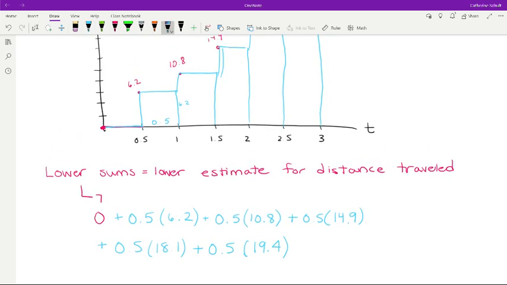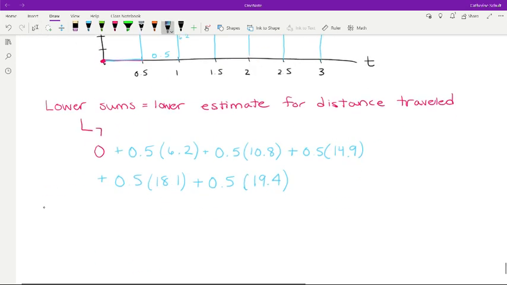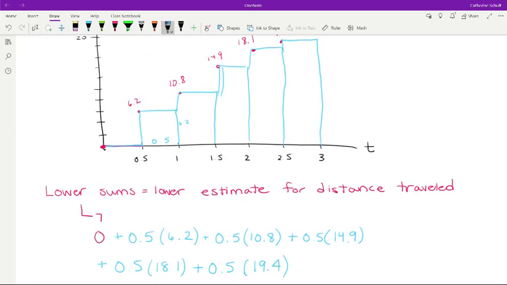And then likewise, we can just quickly talk about the overestimate. The upper estimate is going to be using the upper sums, which in this case happens to be our R7. So for each of these rectangles we're going to be using the right endpoint.